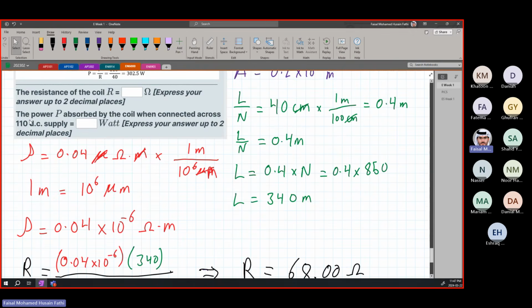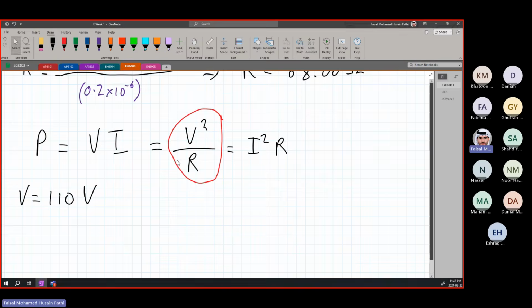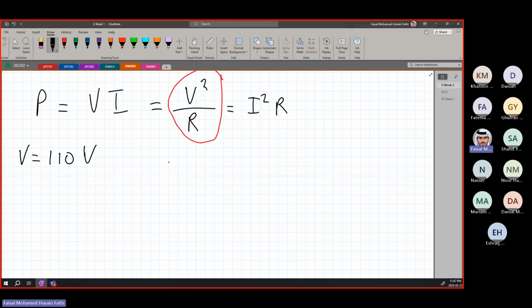Why do we need this? Now let's read the question. The power P absorbed by the coil when connected across a 110 DC supply, meaning it's a 110 volt DC supply. So we are given that the voltage V is 110 volts DC. Again, we will discuss that more. I just want to show you how you would solve this.